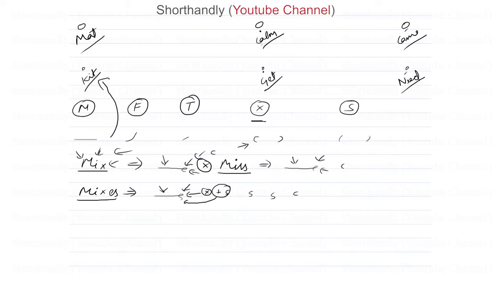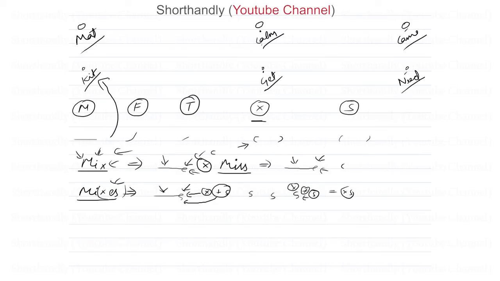Up to here this is X, then the additional curve like this is a simple S. So X plus S is X's. It is pronounced as mixes. This is how we have to make this word.